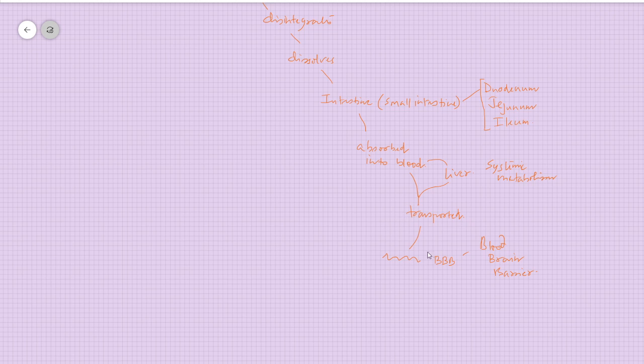In case of women, it can also cross the blood placental barrier. So there are barriers. Everything that is in the blood does not reach certain tissues.